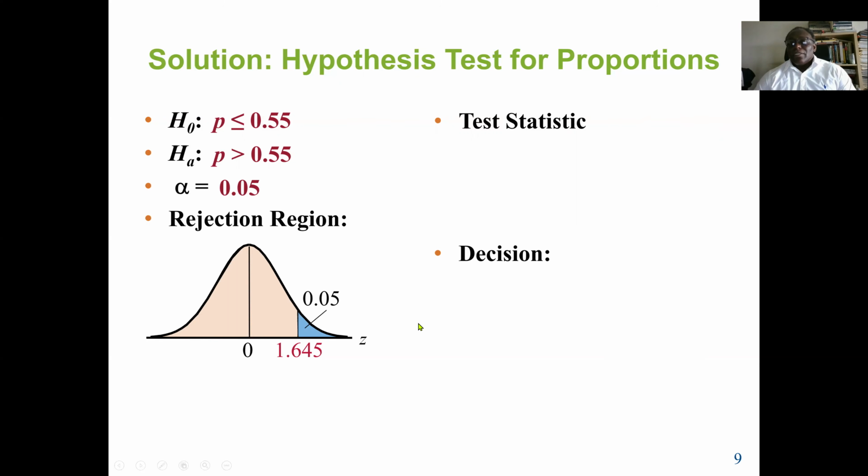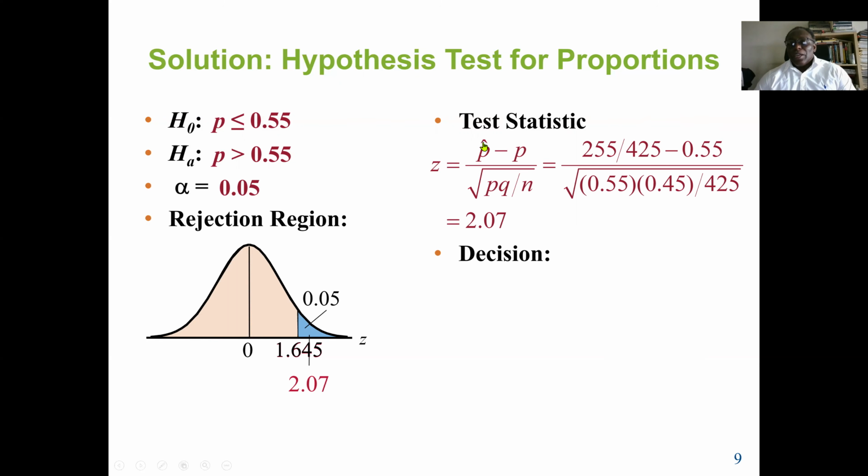Now let's do our test statistic. We use the formula again: the sample proportion minus the population proportion over the standard deviation. So we do our calculation here, and we should get 2.07. Remember, 2.07 falls inside the blue area, not the brown area.